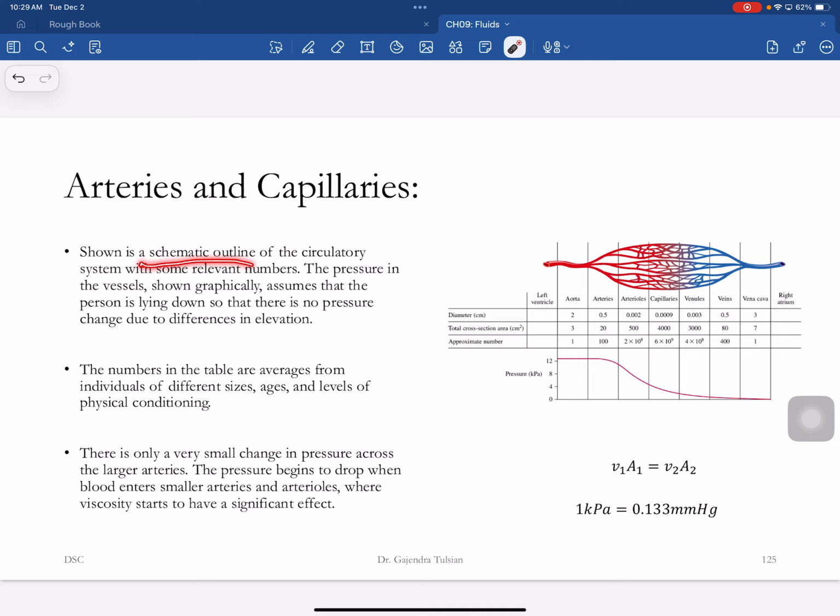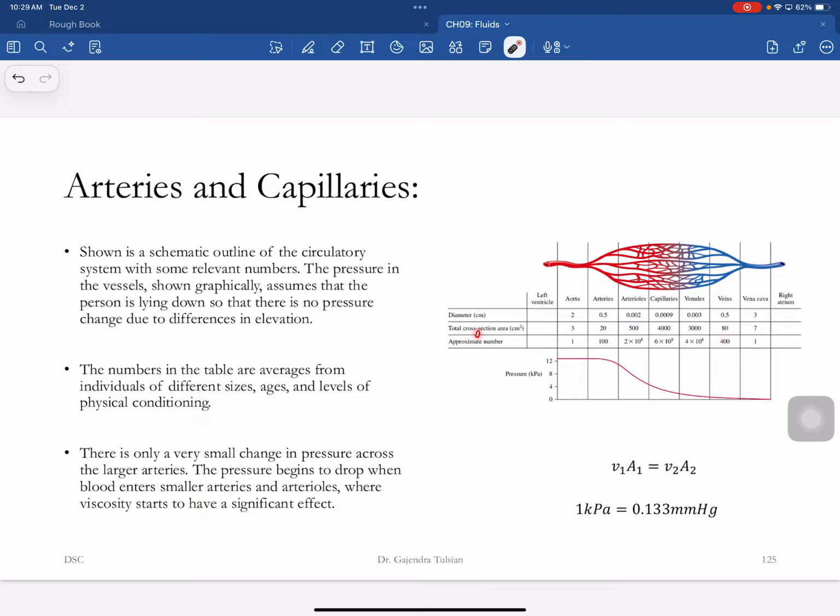So this shows you the diameter and the area of the capillaries, and the veins, venules, veins.